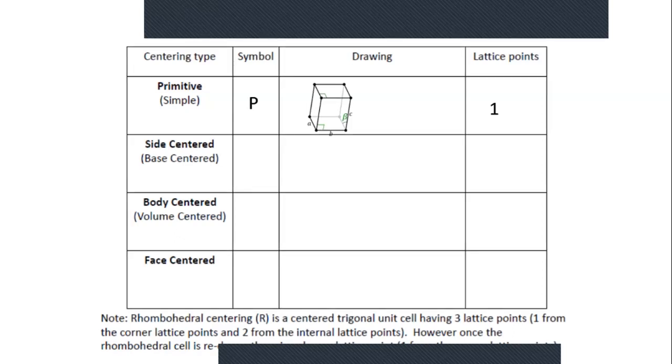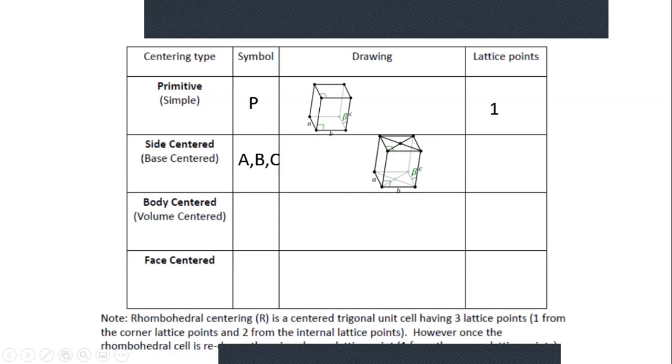Next we have side centering. Side centering is centering along one of the sides of a unit cell. And there are 3 different types of side centering depending on which side. So we have A centering, B centering, and C centering. So what does that look like? It looks something like this. Again, you still have the lattice points for the primitive cell, but now you're introducing a second lattice point on the face-centered part of the unit cell.